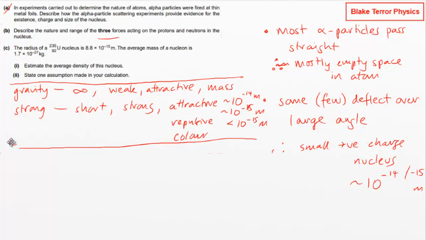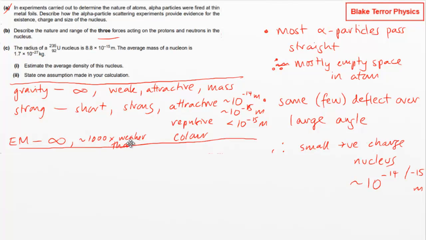And then we've got electromagnetic, which I haven't left enough space for, but that is infinite. It's a sort of intermediate, much stronger than gravity, but around about 1,000 times weaker than the strong force.